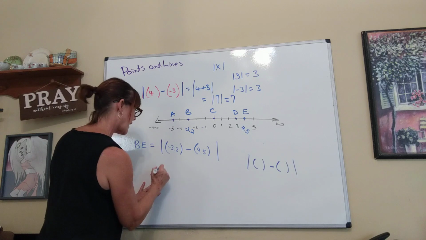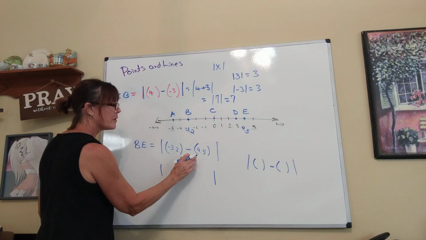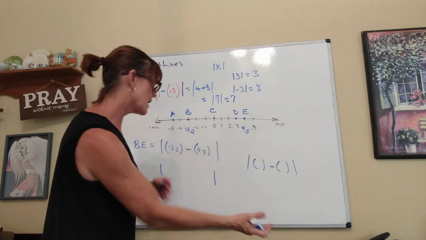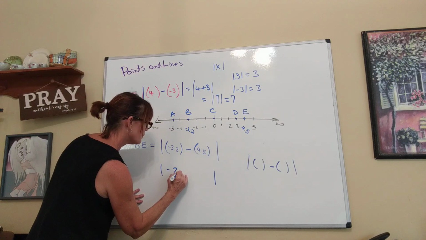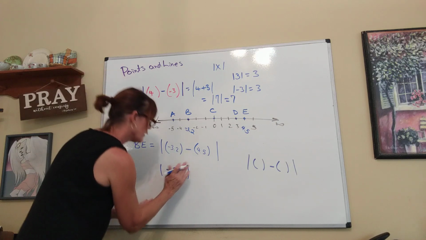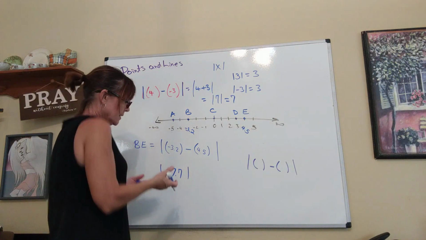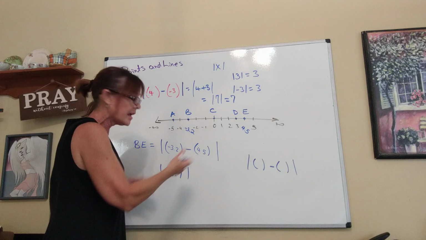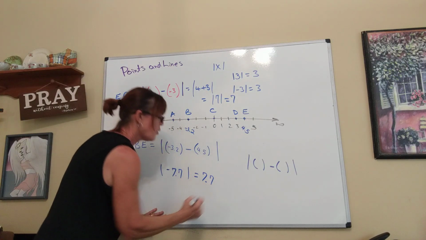So in this absolute value, I'm going to subtract 3.2 minus 4.5, or negative 3.2 plus a negative 4.5, and that would become a negative 7.7. Then I asked myself, well, how far away is negative 7.7 from 0? Remember, I don't care if it's to the right or to the left. It is just regular old 7.7.